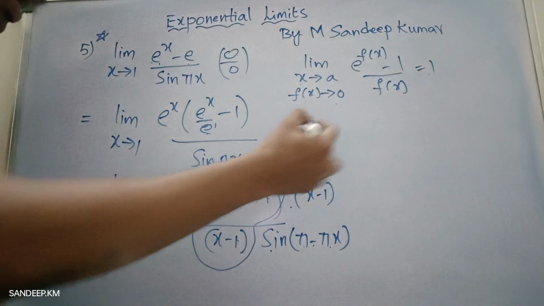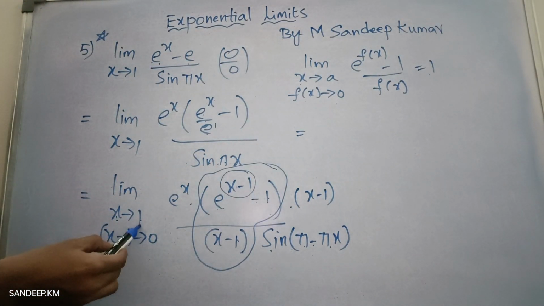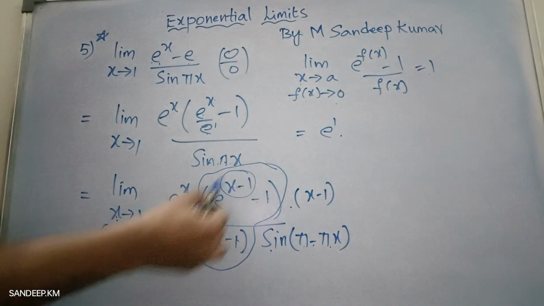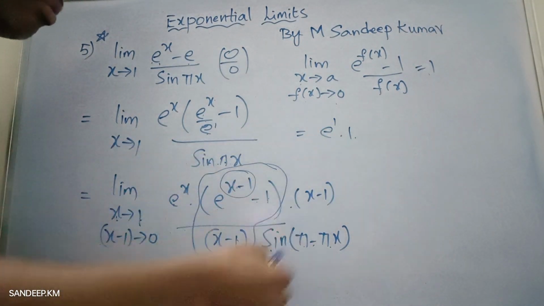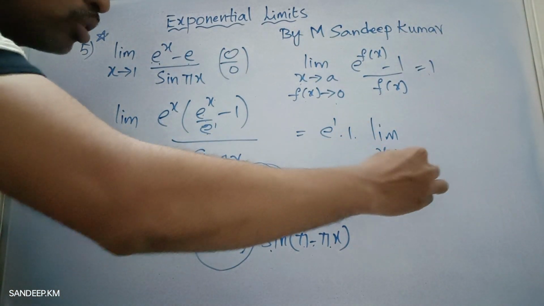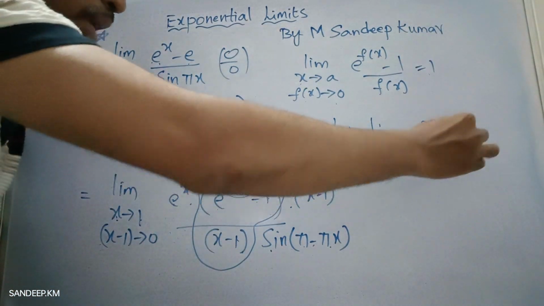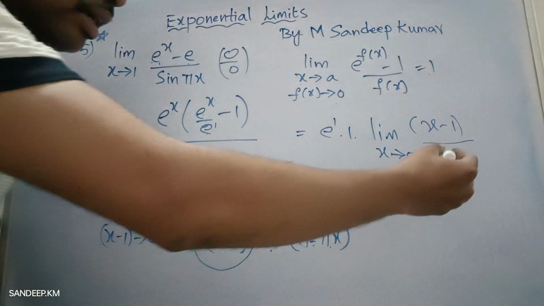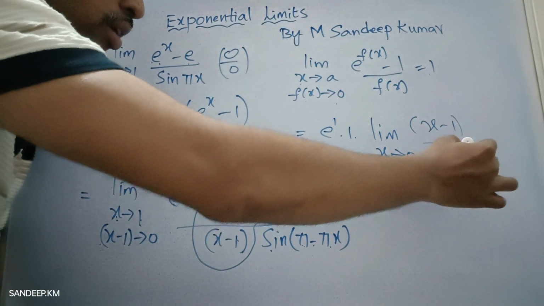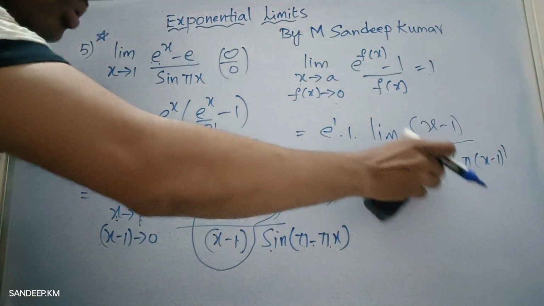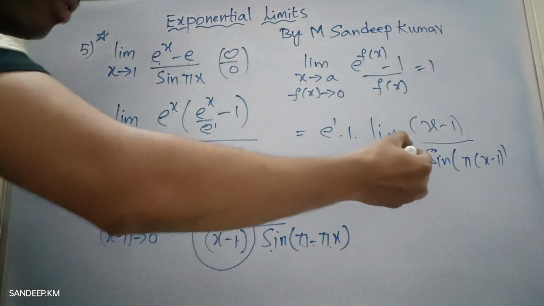So therefore, in the next step, x approaches 1, I can substitute x as 1. So e power 1 into, this entire limit's value is 1, into, so we have to apply limit only for this. Limit x approaches 1, x minus 1 divided by, observe I can take pi common, correct or not? So sine of pi into x minus 1. X is not approaching 0, I am sorry, x is approaching 1.